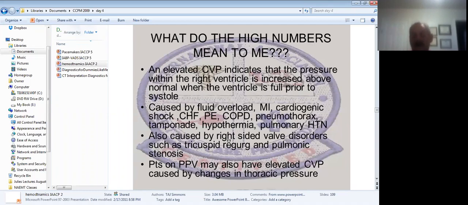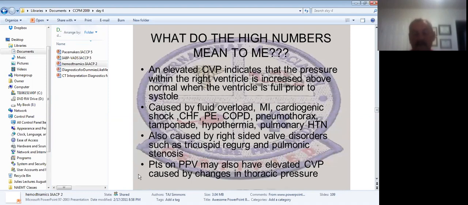Essentially, you would have either low numbers, meaning the patient has a volume deficit problem, or you would have normal or high numbers, which would mean you do not have a volume deficit problem at all. So that's the take-home point. Really, it's all about volume deficit.